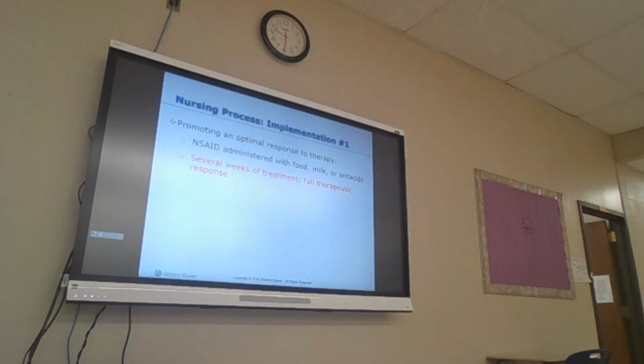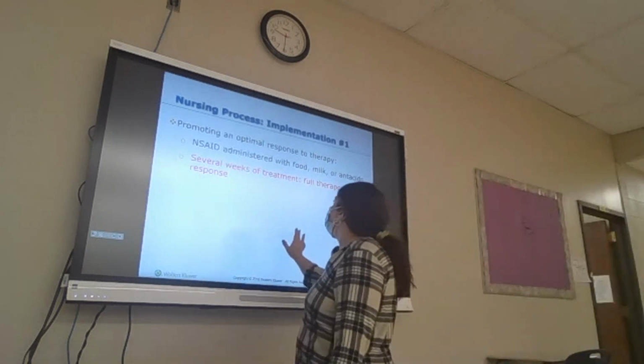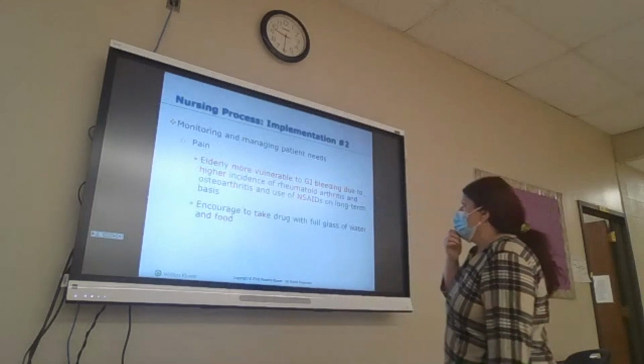So if they take, yes, we get some relief like from a headache when we take them, but that is more its analgesic effect. Does that make sense? That's not necessarily its anti-inflammatory effect. So sometimes these drugs take a little bit longer to reach their full therapeutic response.